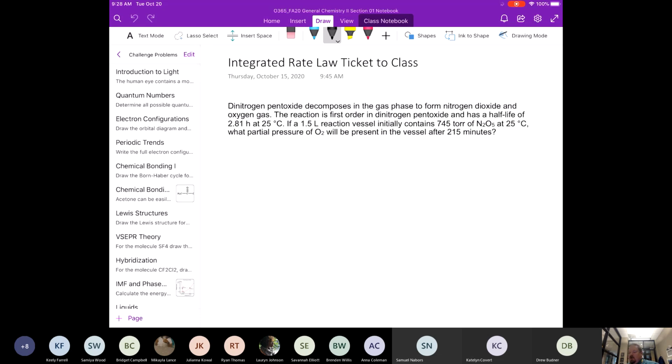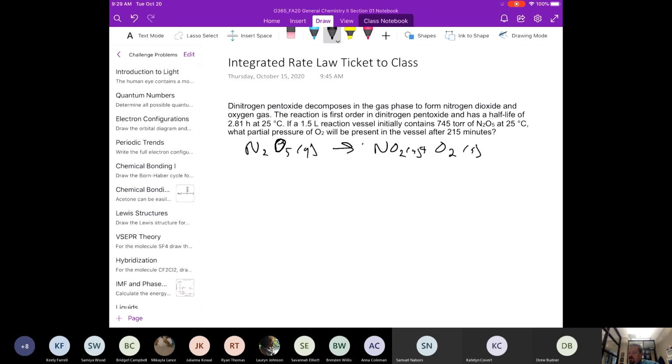So we're doing a chemical equation where we have dinitrogen pentoxide, which is a gas, decomposing to form nitrogen dioxide and O2, both as a gas.